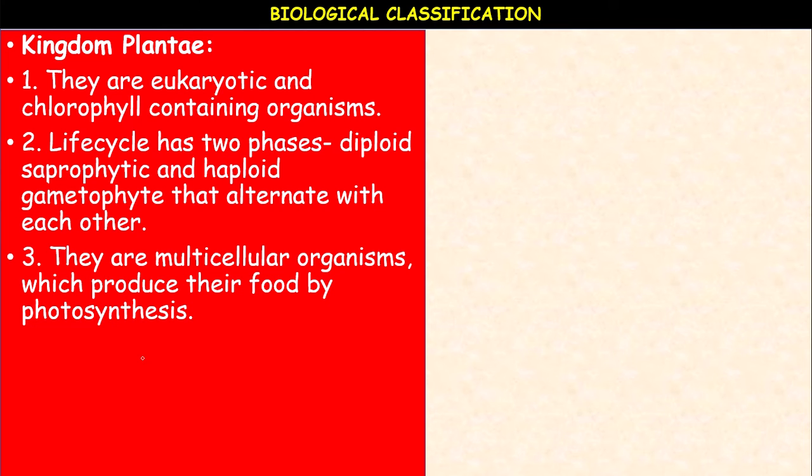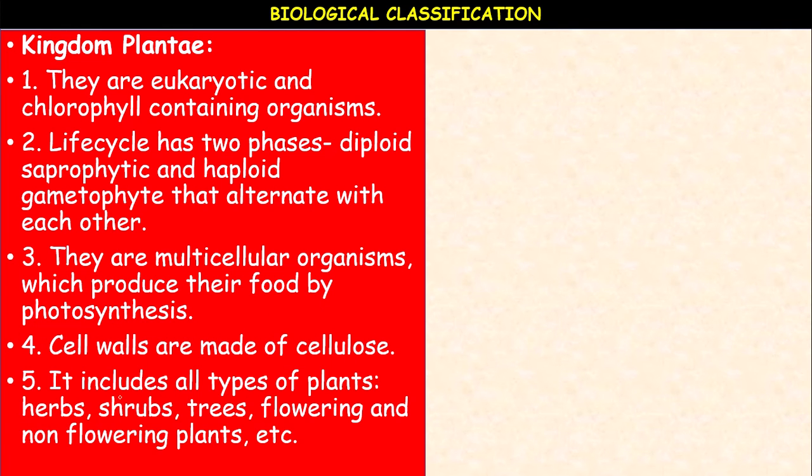The kingdom Plantae consists of algae, bryophytes, pteridophytes, gymnosperms and angiosperms. Angiosperms are the modern plants. The cell walls are made up of cellulose. It includes all types of plants, herbs, shrubs, trees, flowering and non-flowering plants. Under non-flowering plants, algae, fungi, bryophytes, pteridophytes, and flowering plants, angiosperms and gymnosperms.